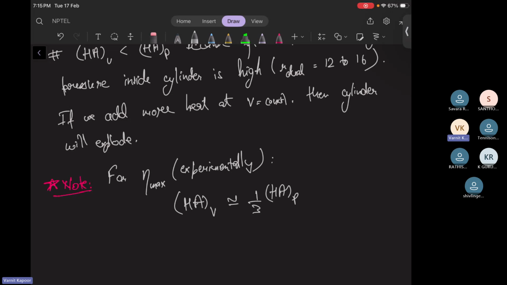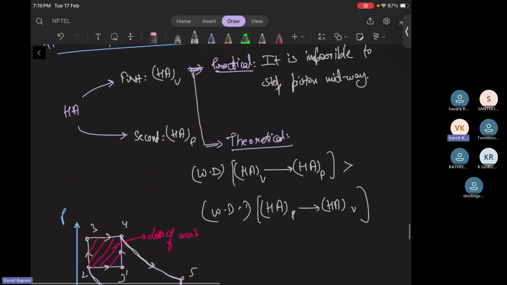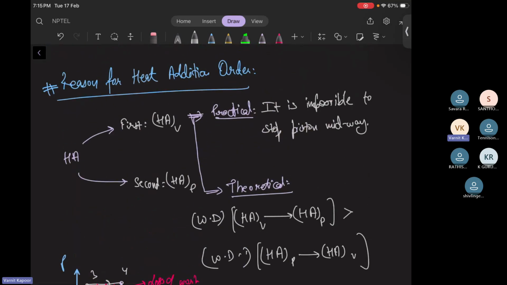Okay. Any doubts? So that the stresses in the cylinder are balanced. Okay. And there are less vibration and noises as well. Is it clear? Or any doubts in understanding this concept? The order of the heat addition.